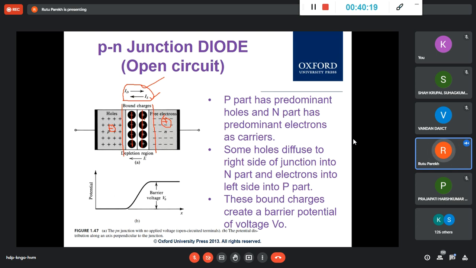That's what is happening, and it will come to equilibrium. So when no potential is applied, this is like an open circuit, there is a potential V0 at equilibrium, and even if for some reason either of the currents is more, it will come to equilibrium. That is, both the currents are the same, and the resultant current is zero because they are in opposite directions.